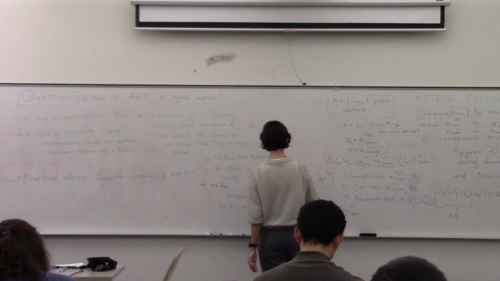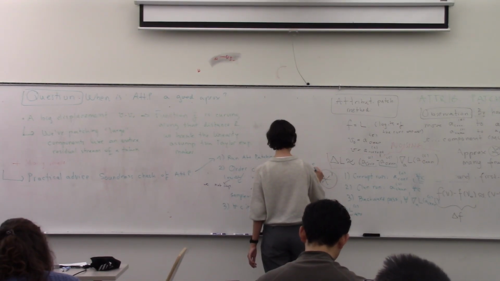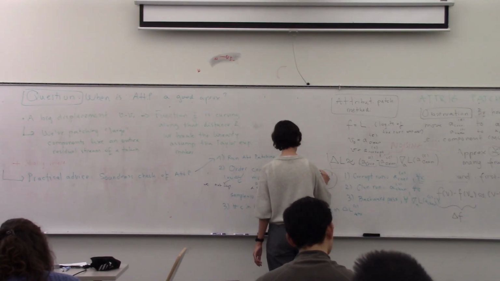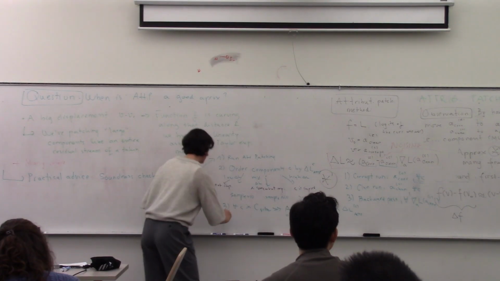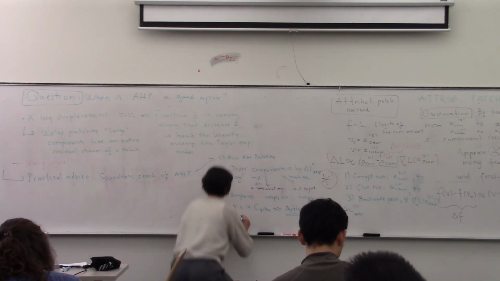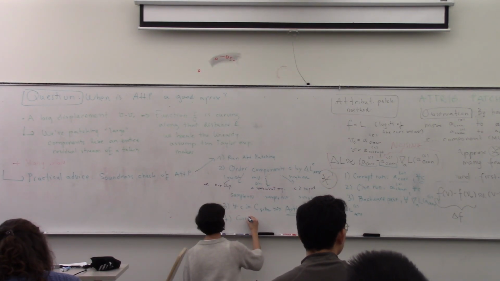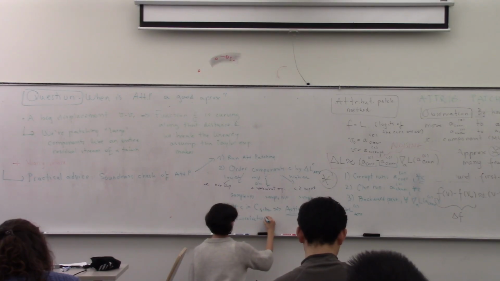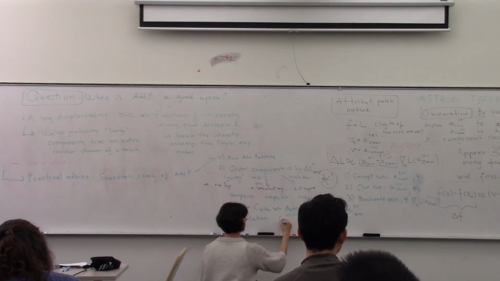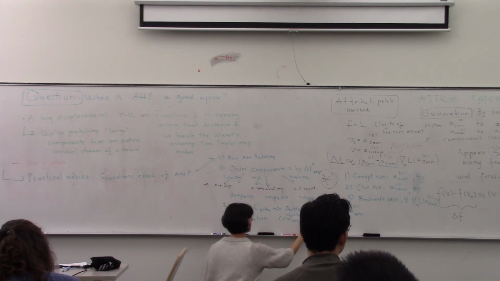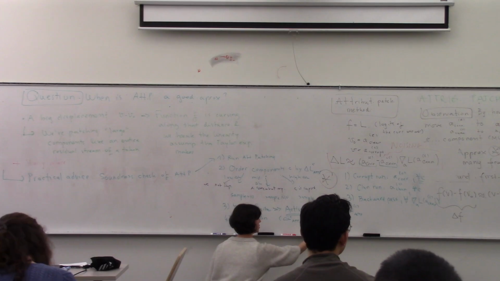So here we have delta L of C from attribution patching, and your final step is the correlation between delta L of C from attribution patching and delta L of C from activation patching.